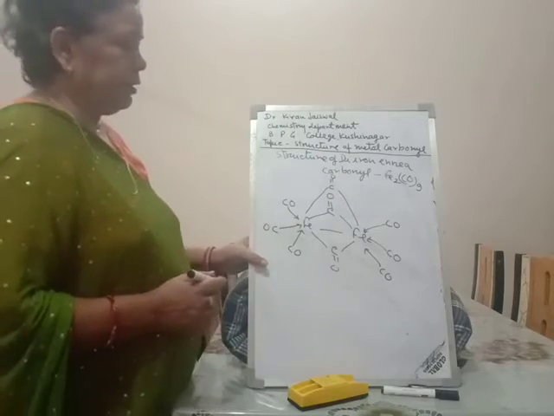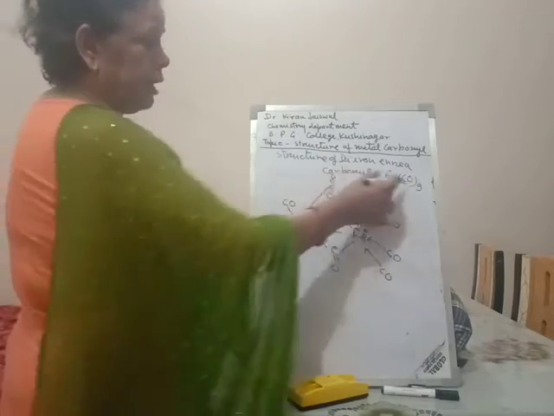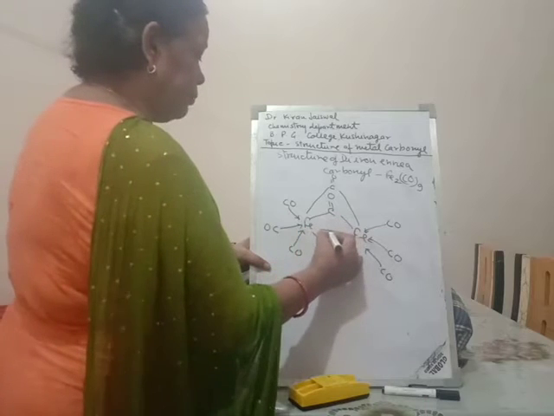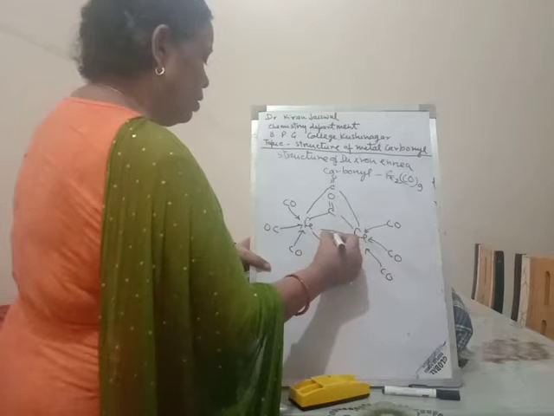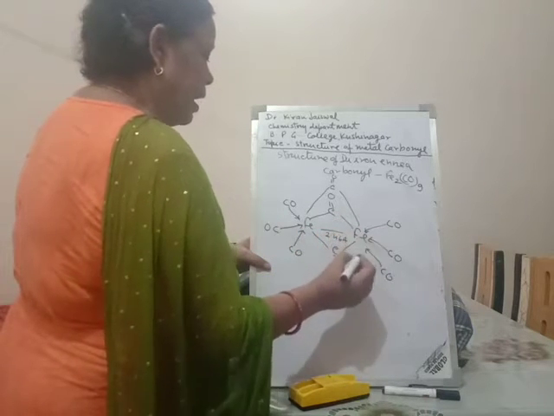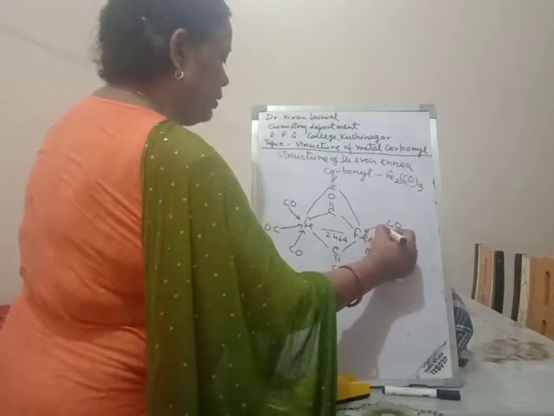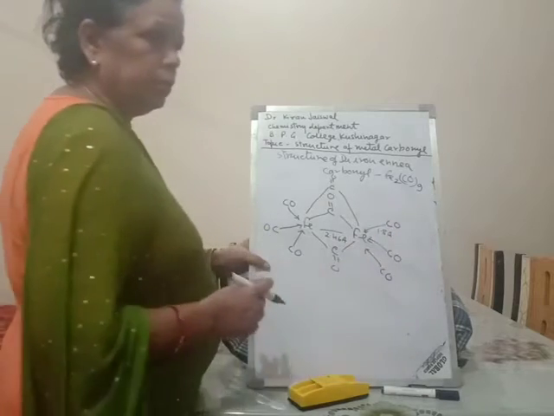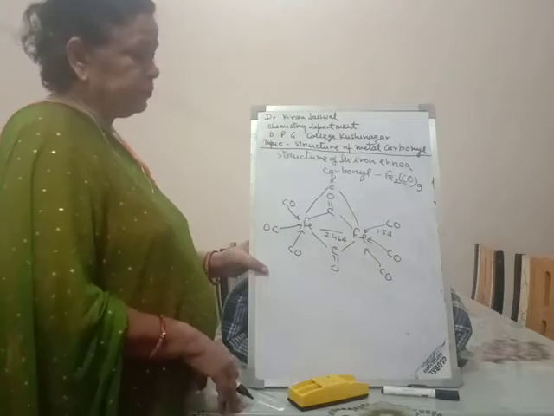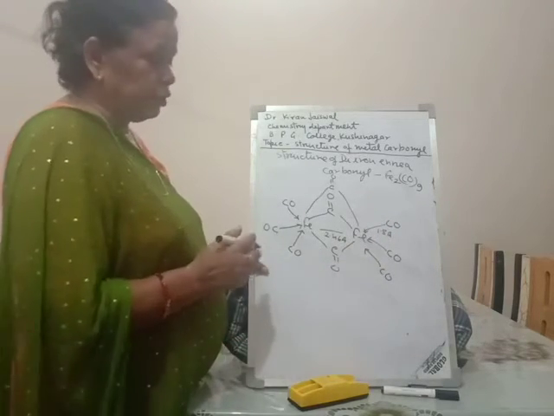There are 9 carbonyls and 2 iron atoms. The bond lengths are 2.46 angstrom for the iron-iron bond, and 1.8 angstrom for the iron-carbon bonds.